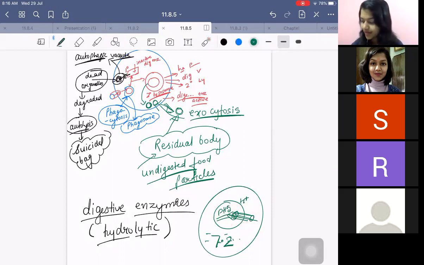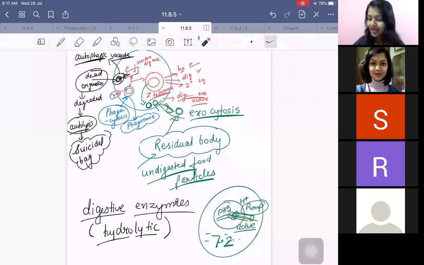Active, right? So it is an active process. So if it is active, what will you require? Pump. So a hydrogen pump will be there, which will pump hydrogen from cytoplasm to lysosome, and the pH of lysosome is 5.